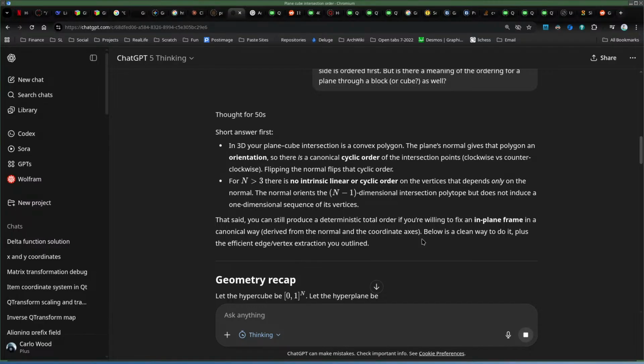I am willing, but whether it has any meaning is then a big question. Below is a clean way to do it, plus the efficient edge vertex extraction you outlined.